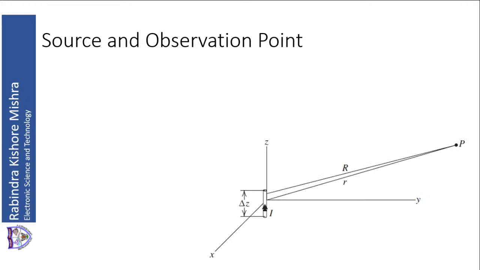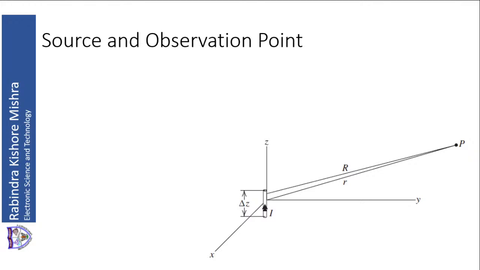Now let us look at a half-wave dipole or a current element. Here the current element is aligned to the z-axis. The axis of the current element is aligned to the z-axis.